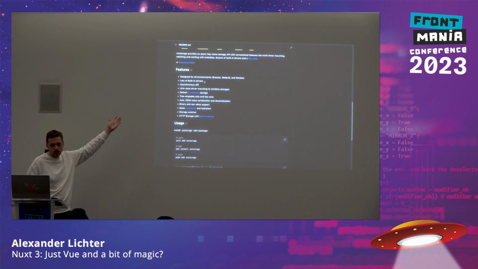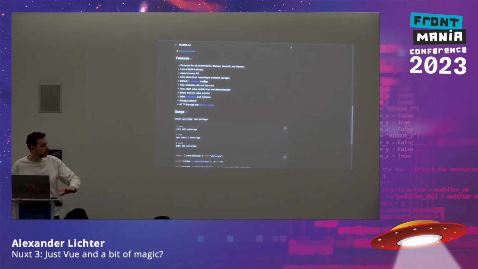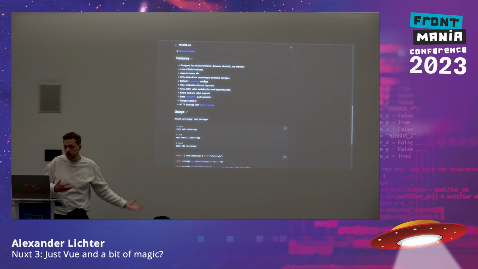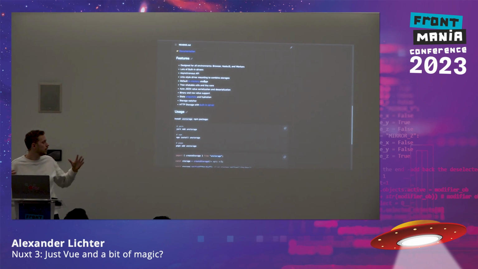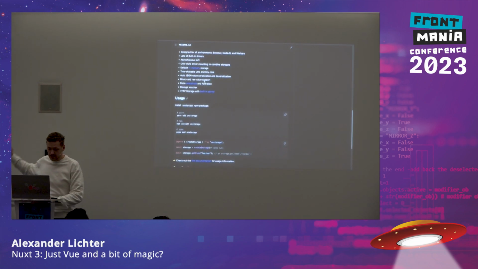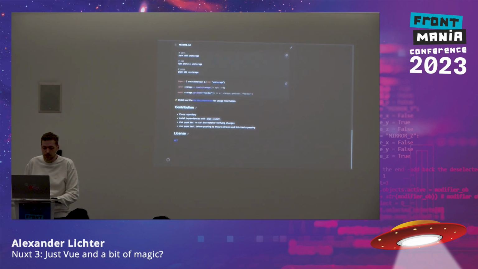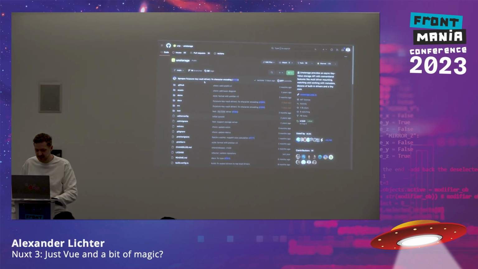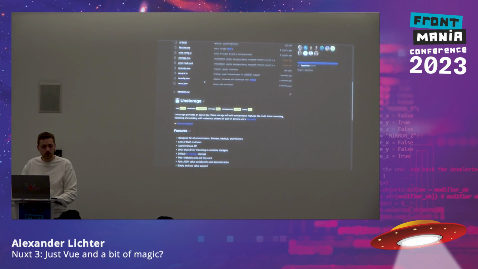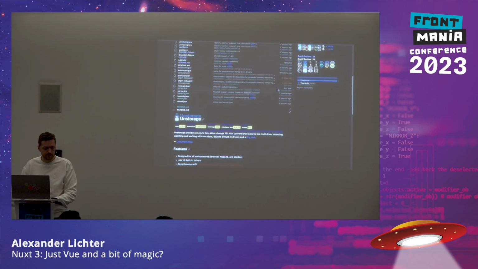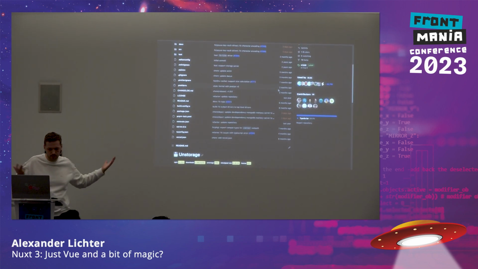This works in a browser with local storage. This works with workers. And you have lots of drivers that are built in. So you can save to a KV storage, like the Cloudflare KV storage, Vercel, to Azure, Redis, MongoDB, to a GitHub repository even if you want to. Yeah, I'm not joking. So also through HTTPS. And you can build your own driver as well if it doesn't fit your needs.